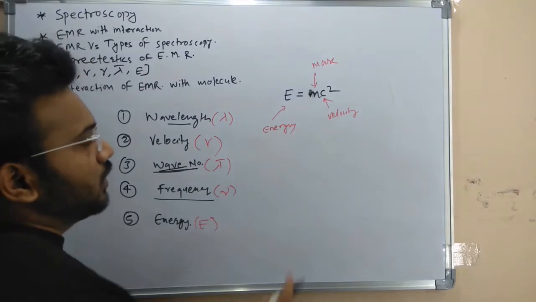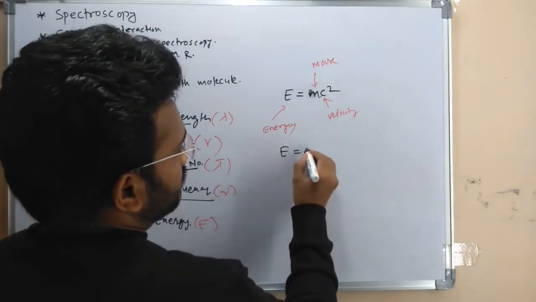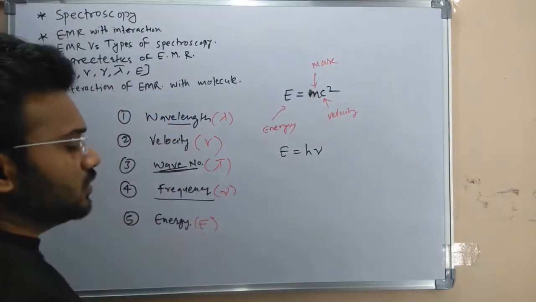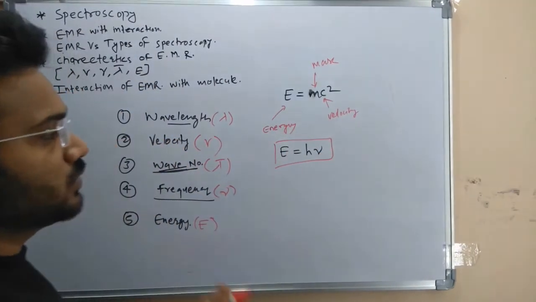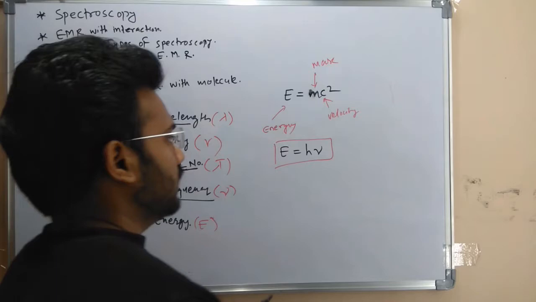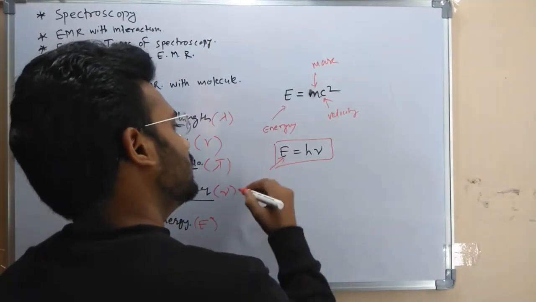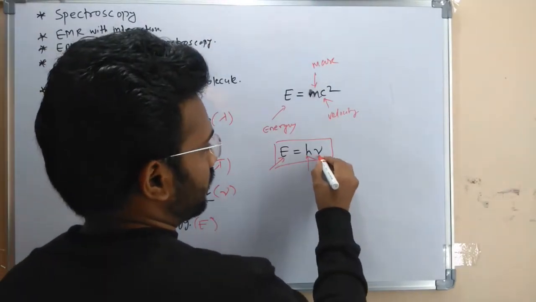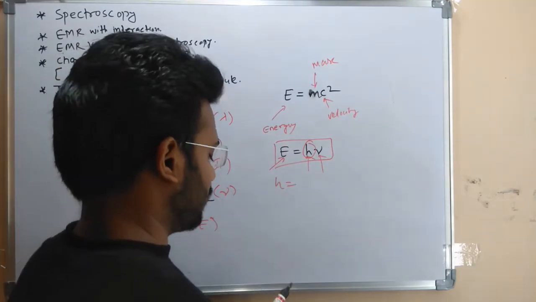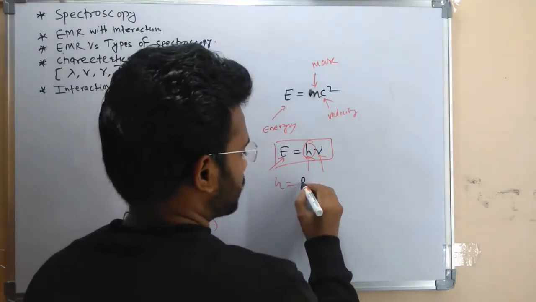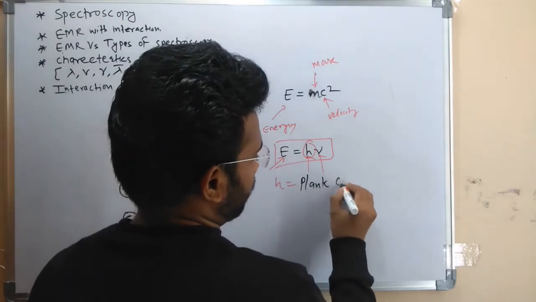Next, we also have E equals h nu, and this equation is very important in spectroscopy. In this equation, E is energy. What is meant by h and nu? H is the Planck constant.